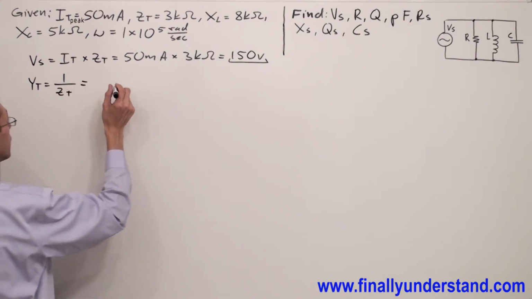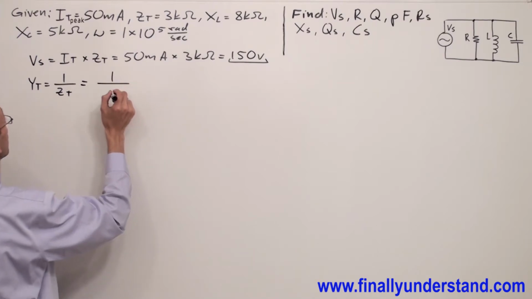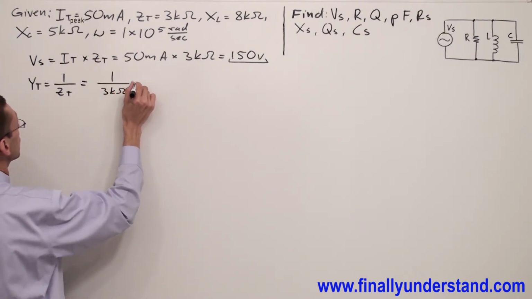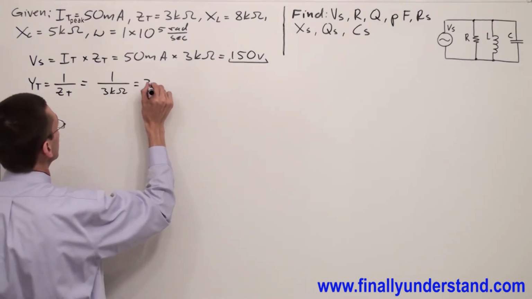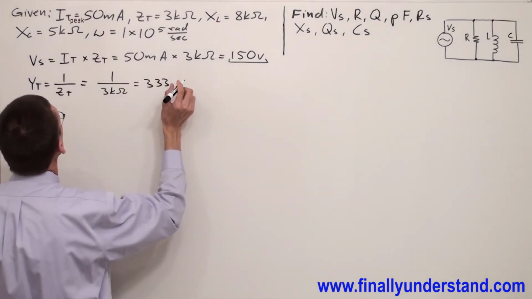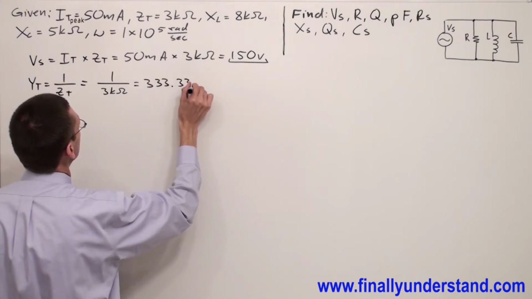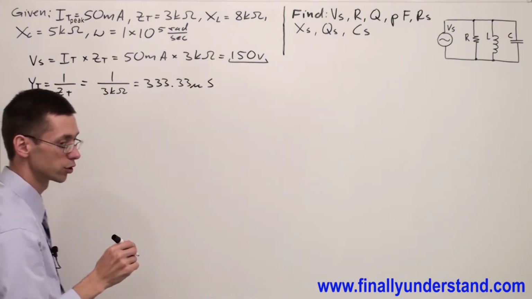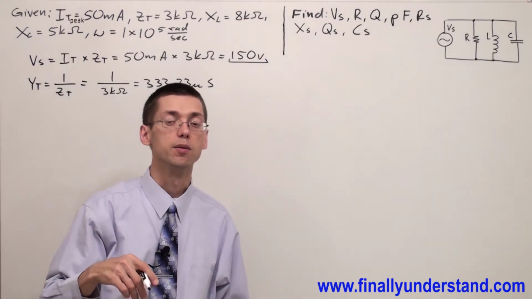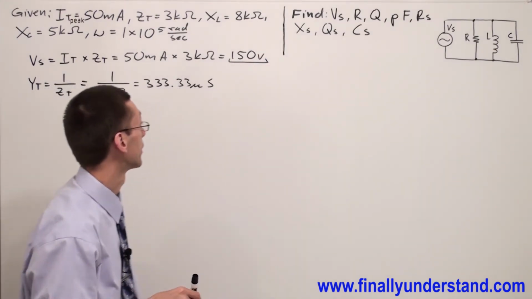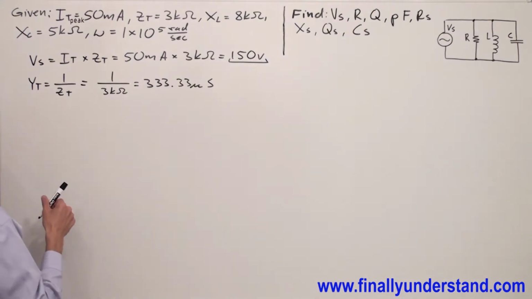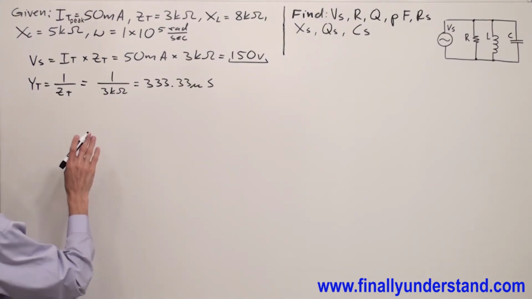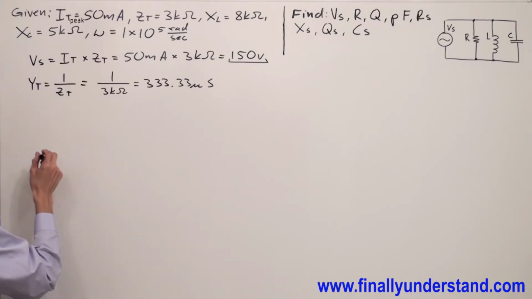This is equal to 1 divided by 3 kiloohms, which is equal to 333.33 microsiemens. Please notice that the answer is not complete because we're missing the angle. But at this moment we are going to keep going, and later on we are going to find the angle.